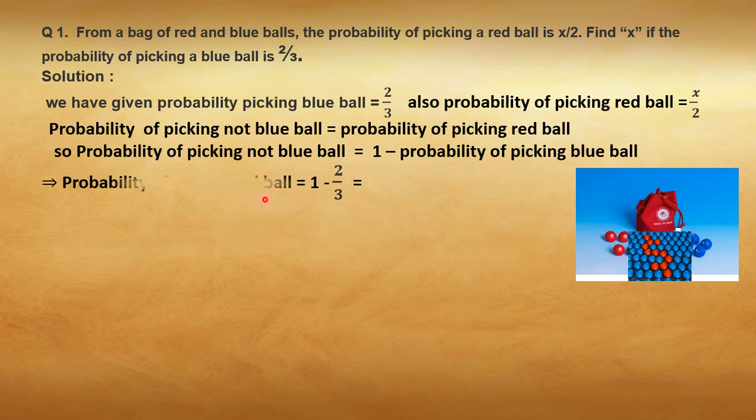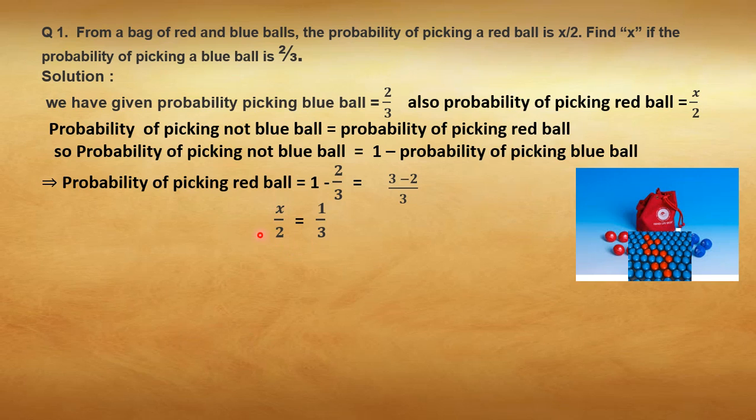So here we put the values. Probability of picking a red ball equals 1 minus 2 upon 3, where 2 upon 3 is nothing but the probability for a blue ball. When we subtract this, after taking the LCM 3, we get 1 by 3. Also it is given that the probability of picking a red ball is x upon 2.